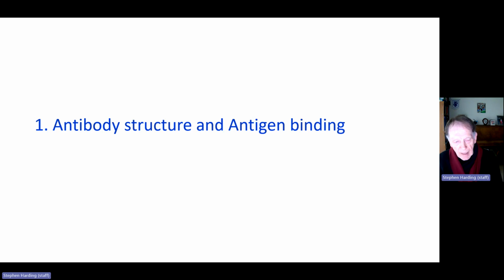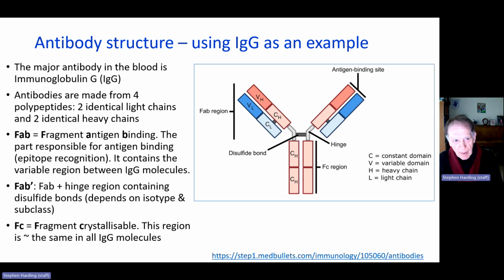So we start off with antibody structure and antigen binding, and we'll use IgG as the main example. And there's a diagram, the classic Y shape that you see in textbooks, and I'll point to that in a second.